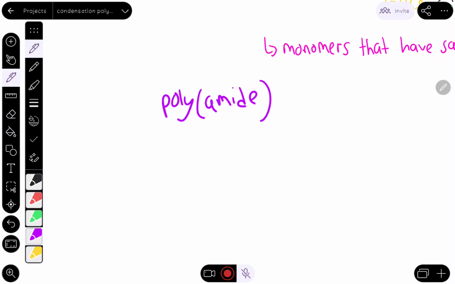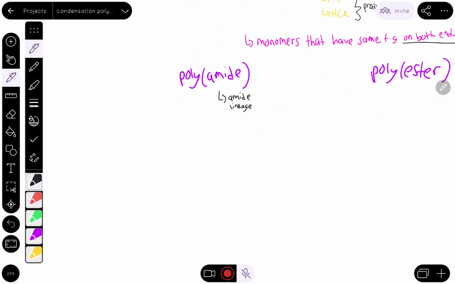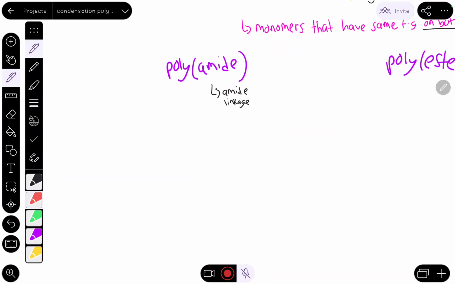When you see amide, you'll think about amide linkage. What exactly is amide linkage? I'm going to share with you later. So how is polyamide formed? Polyamide is formed by a diamine plus a dicarboxylic acid.